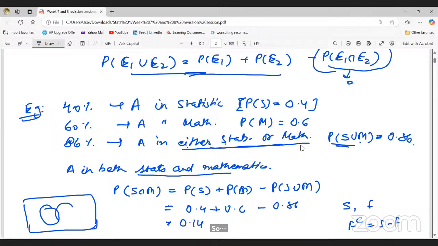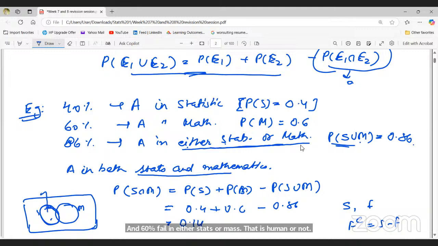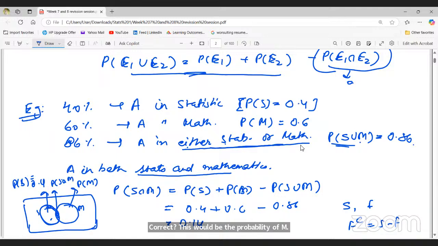I have stats and maths. The probability of stats is 0.4, that is 40%, and this would be the probability of M. Here this would be the probability of S intersection M. So I have to calculate this middle part, right?